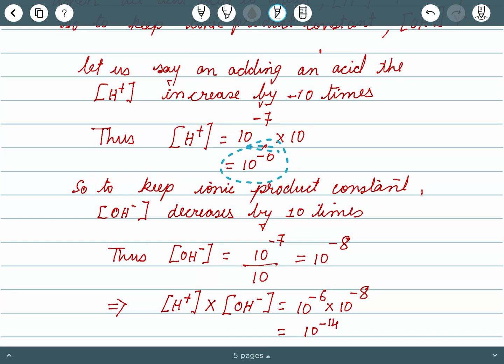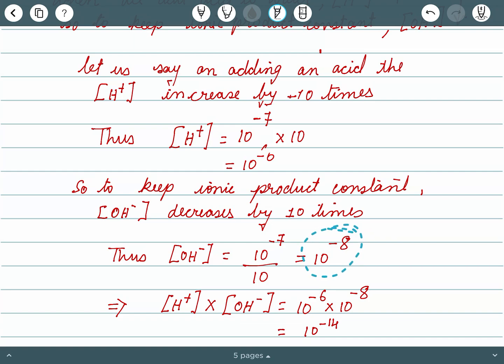But in order to keep the ionic product constant, if the H plus ion has increased by 10 times, the OH minus has to decrease by 10 times. And therefore, the OH minus ion concentration now is 10 to the power minus 7 divided by 10, decreasing by 10 times, and it now becomes 10 to the power minus 8.